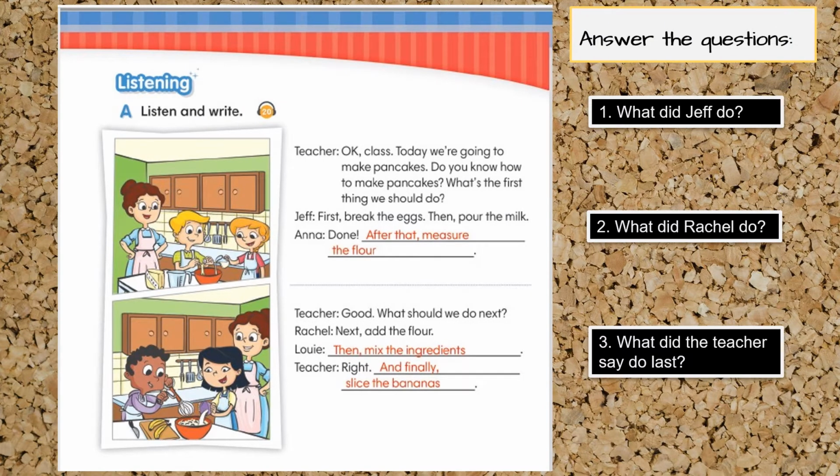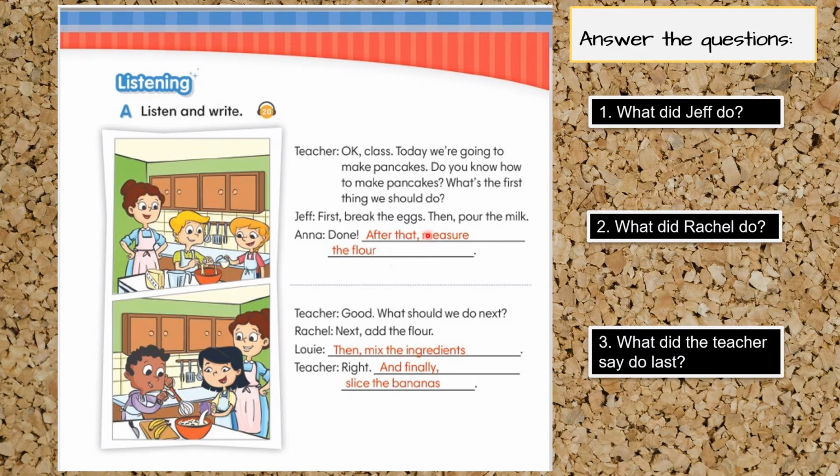Okay, after you listen to the recording, I will show you the answer now. Can you check and read the dialogue together with me? The first one. Okay class, today we are going to make pancakes. Do you know how to make pancakes? What's the first thing we should do? First, break the eggs. Then pour the milk. Done. After that, measure the flour.